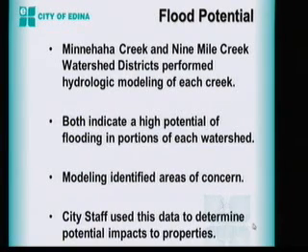Flood potential. The Minnehaha Creek and 9 Mile Creek watershed districts have performed hydrologic modeling of each creek. What they basically do is they look at what the snow amount is out there, and what type of moisture they predict is in the snow melt.